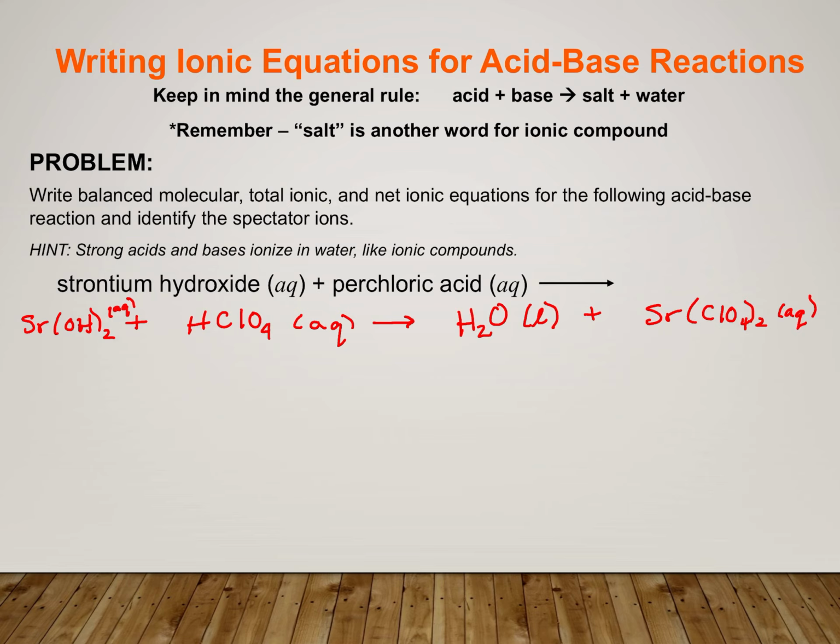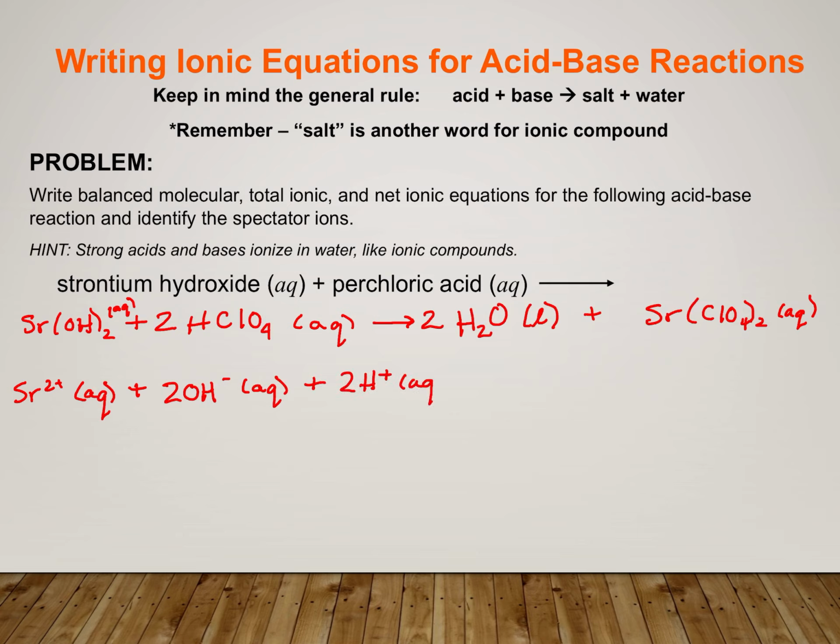Okay, so now we can go through and balance our equation. And then we can go about writing our complete ionic equation. Again, we will break apart anything that is aqueous. So we'll break apart strontium and hydroxide. Remember that 2 is going to go out front. We'll break apart our perchloric acid.